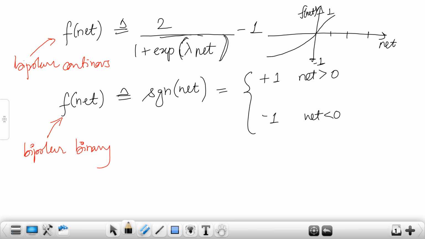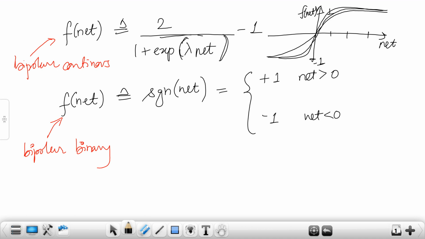So it looks somewhat like this. This is your bipolar continuous activation function.